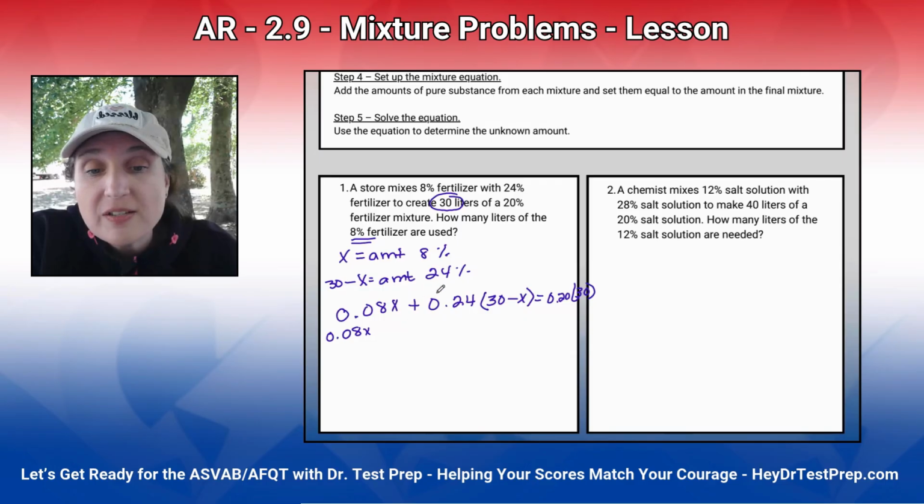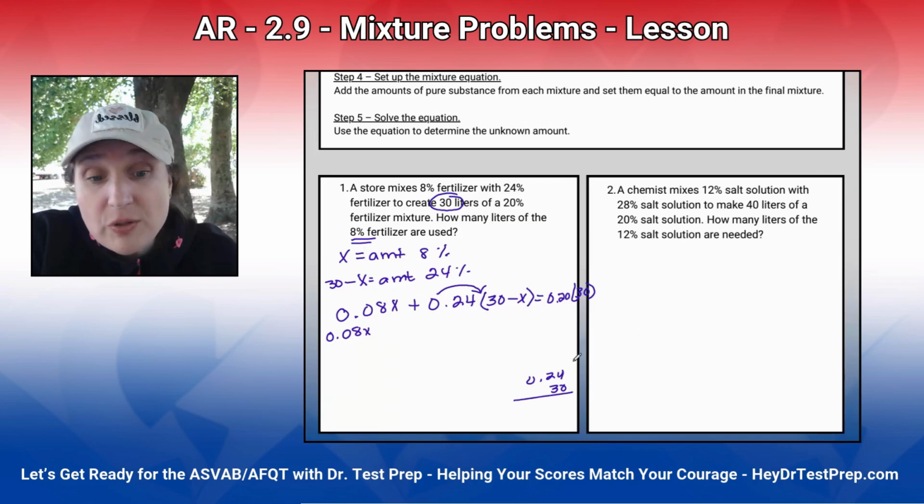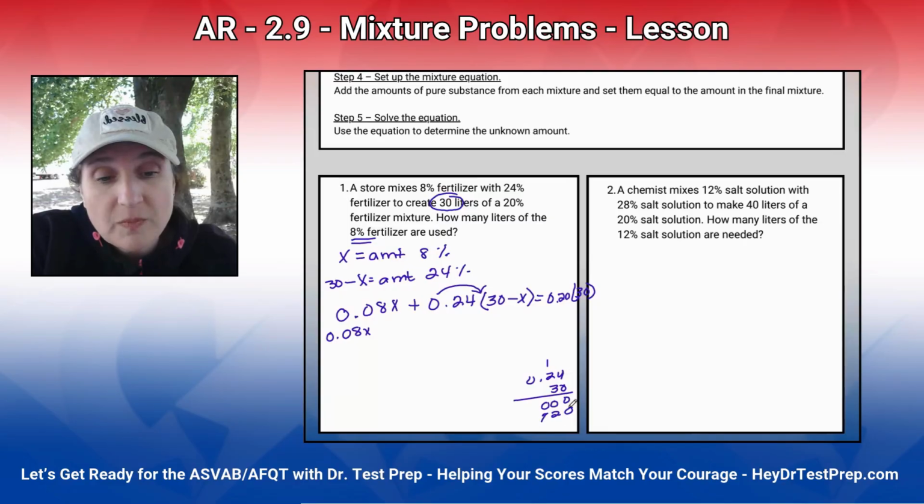The first thing is we're going to do our distribution. So we have to see what 0.24 times 30 is. Now, there's a lot of tricks. I like to have you guys put in the zeros because I feel like it's easier for you to do it this way. Let's see, 720. Yep, bring it down, and then we put in our decimal point.